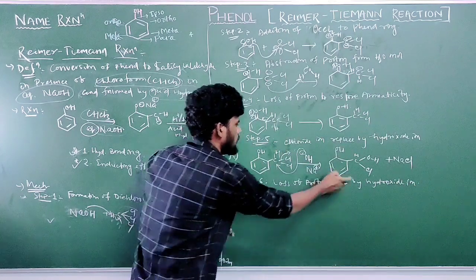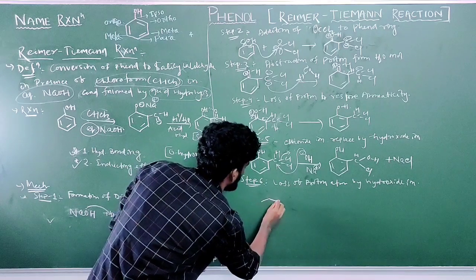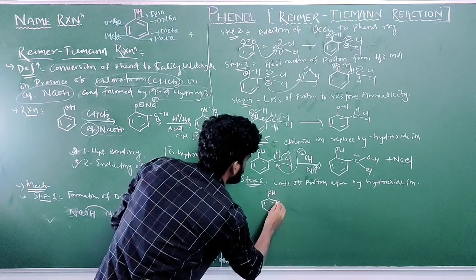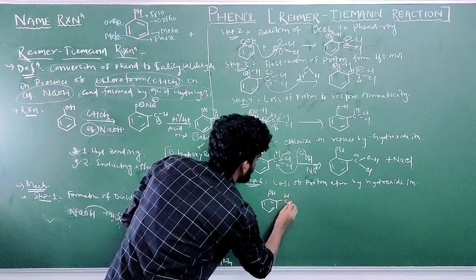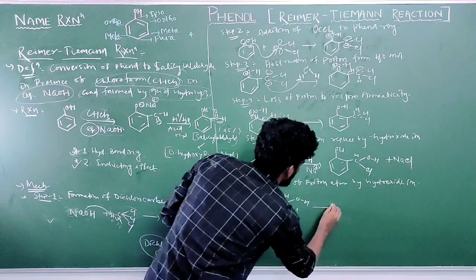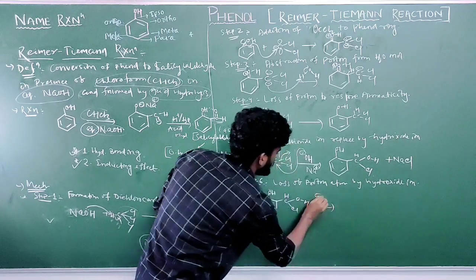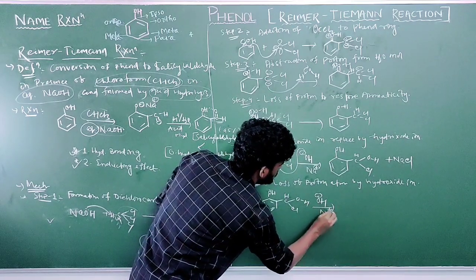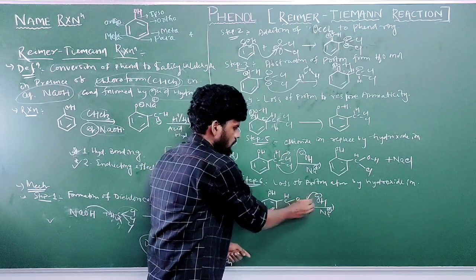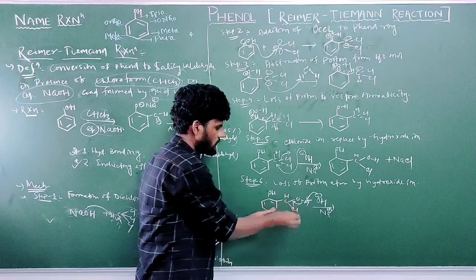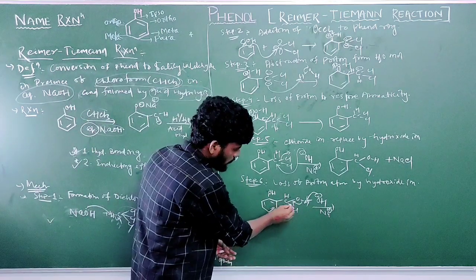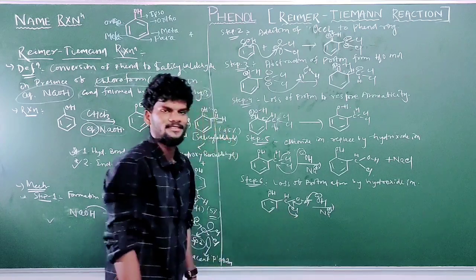Starting with the metal intermediate, sodium hydroxide, OH minus Na plus. OH minus takes this hydrogen, this bond moves over to carbon-oxygen single bond to form a carbon-oxygen double bond, and the chloride ion is released.